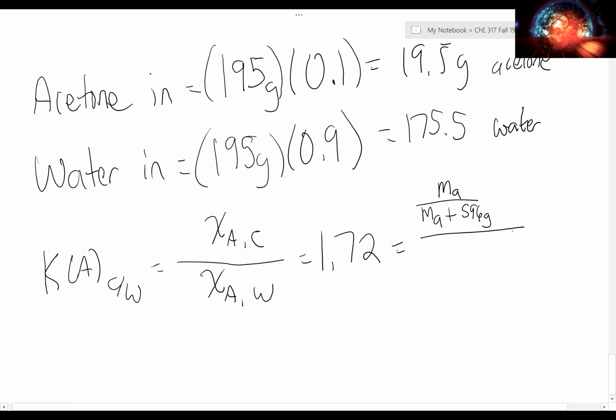The mass fraction of acetone in the water phase is the mass of acetone in the water phase, or 19.5 grams minus the mass above, divided by the total mass, which is 19.5 grams minus the mass of acetone plus the mass of the water, 175.5 grams.